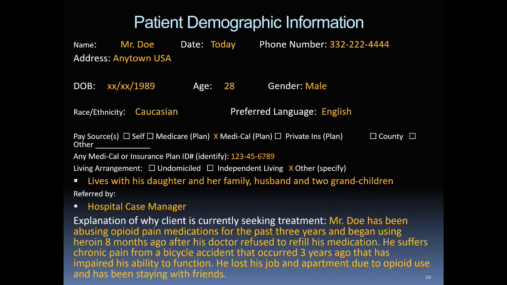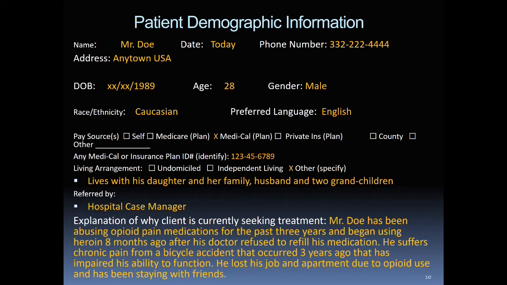And also you see here that there is another brief summary of what's going on with Mr. Doe. This says he lives with his daughter and her family, husband and 2 grandchildren. You have all the basic information there: who he was referred by, race, ethnicity, age, gender, preferred language, phone number, address, name, of course, and the date.